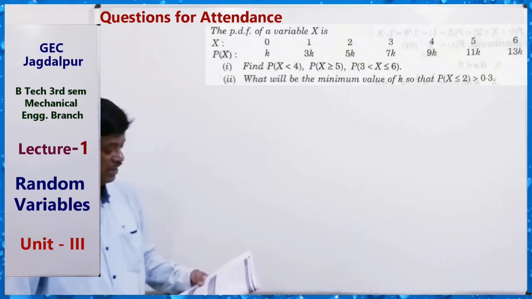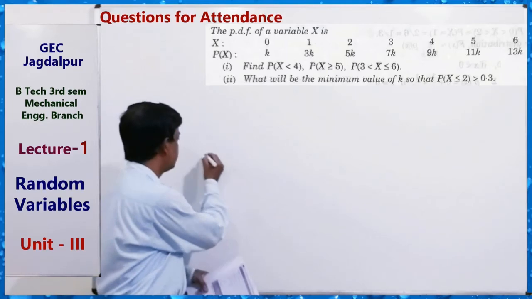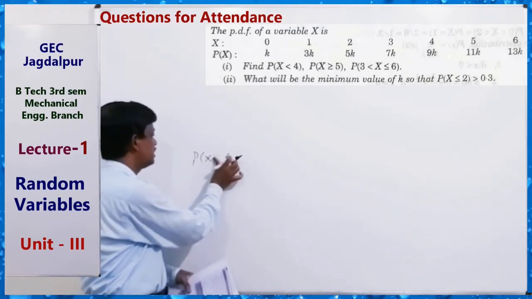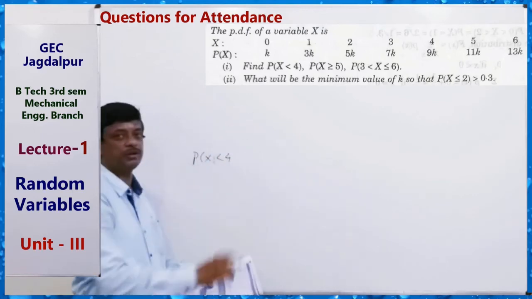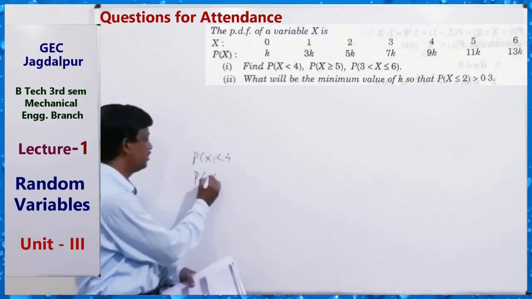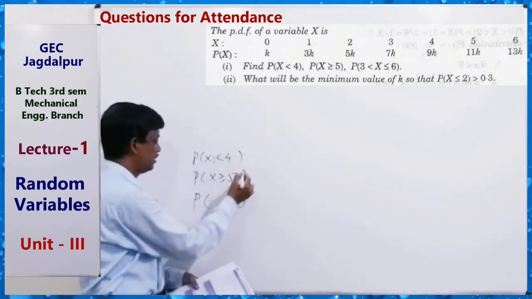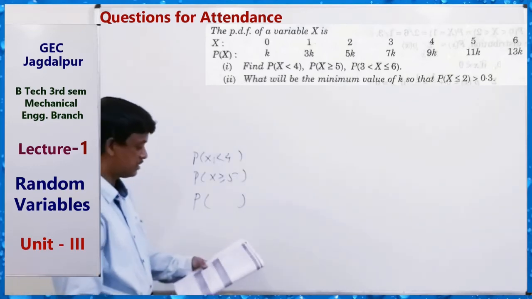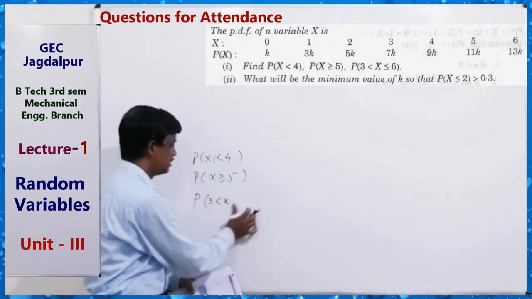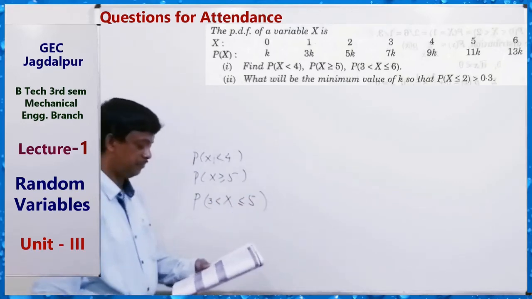So find what? Px less than 4. Here, what do you have to find? Px less than 4. Px greater than equal 5. And P of x 3 less than x less than equal 5, 6.